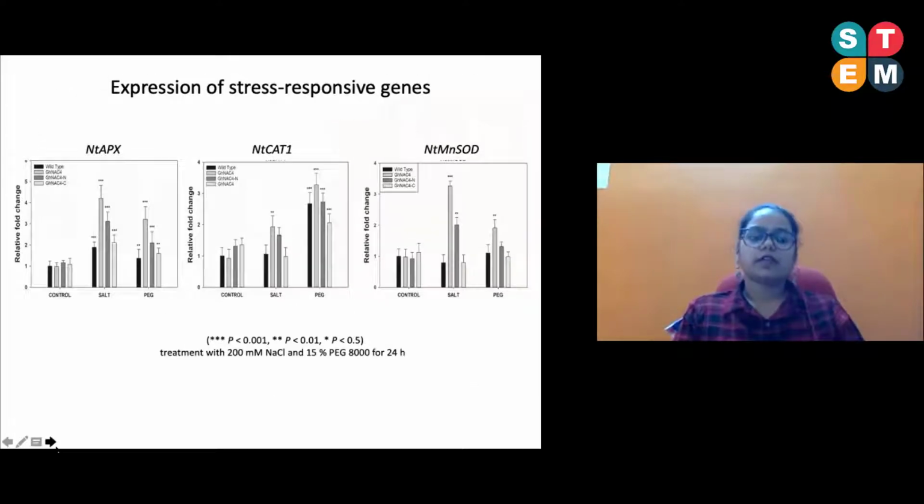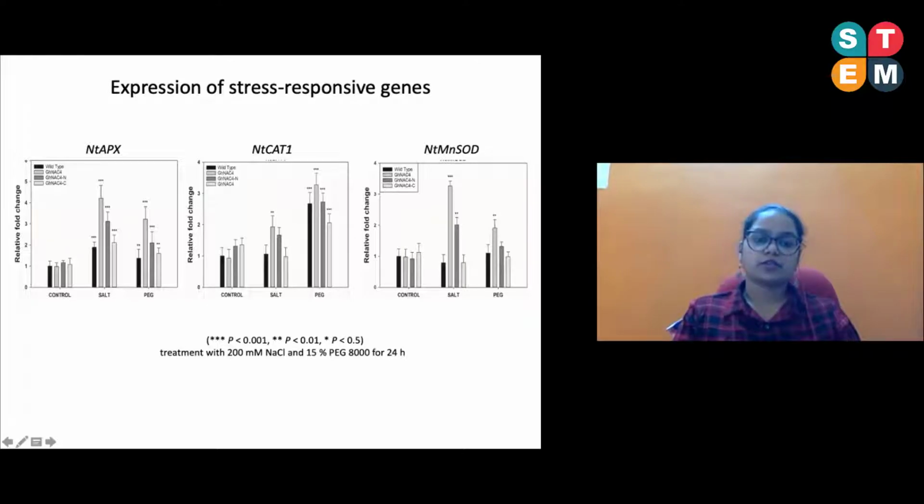Now, given the differential regulation of stress tolerance, it is important to question whether there is any alteration of the stress responsive genes in the transgenics upon drought and salt stress. So we investigated the expression levels of various antioxidant enzyme transcripts under salt and drought stress.